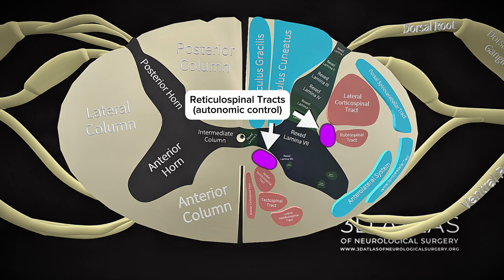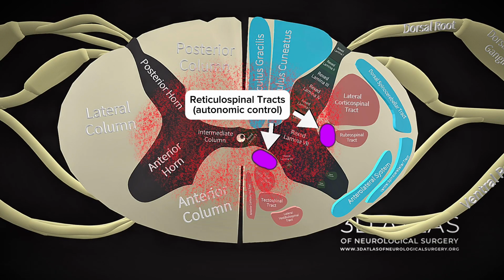Autonomic dysfunction, particularly urinary retention, is common in the acute phase due to disruption of descending autonomic pathways. This bladder involvement is typically transient, with recovery occurring as spinal shock resolves.